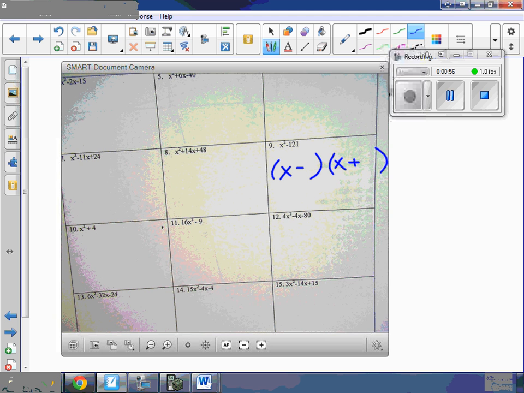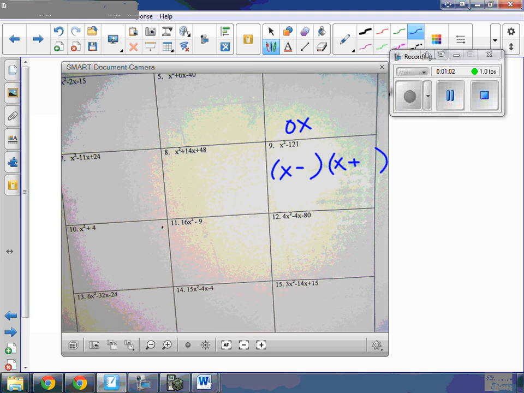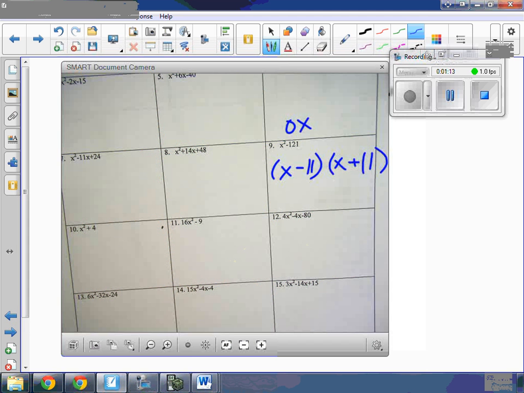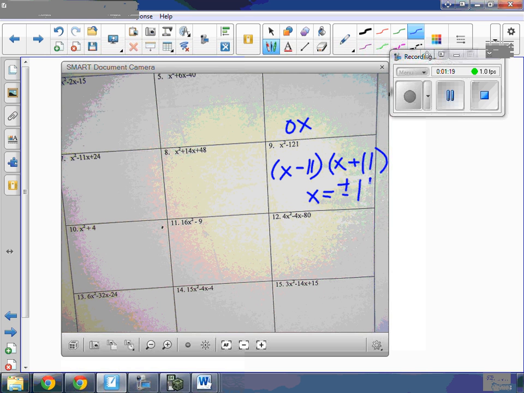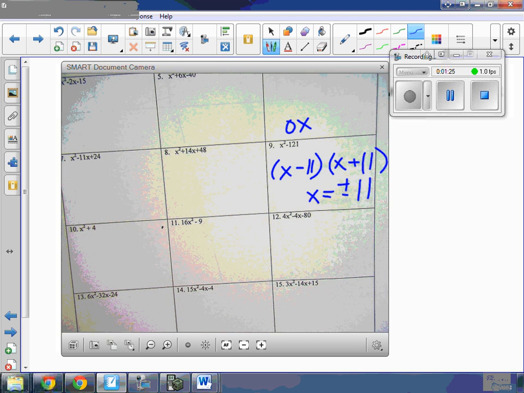Good. That missing number is a 0x. So are there factors of 121 that will turn into a 0? 11 and 11. And that's a really good way to say that, whoever said it, you. So the answers, and if you're lazy like me, you can just write plus or minus 11. That represents both the x, the positive and the negative version.